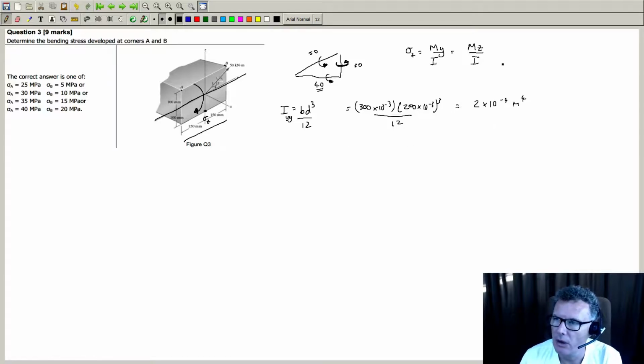Right, so I know the I, I know the M, and now the Z. So the distance from here to here will be 100 millimeters.